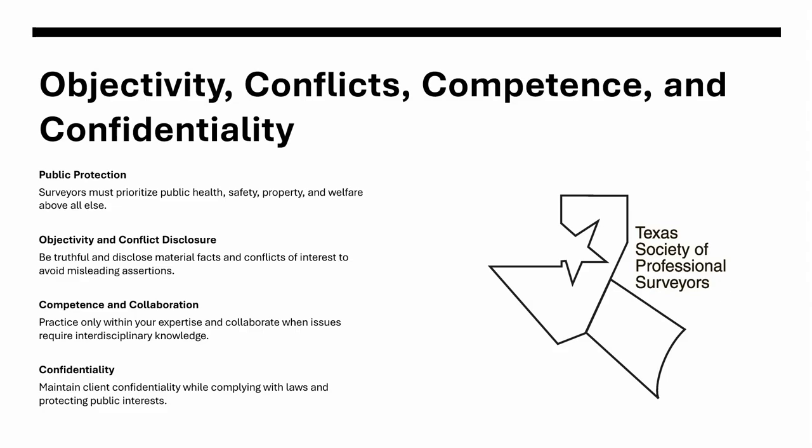And then we have competence. Only practice in areas where you're competent and current. Escalate when a matter crosses into engineering or legal advice. Collaborate and delineate roles on the sheet. You'll notice, if any of you ever get to pursue your licensed state land surveyor exam, that you're going to be required to have experience in different regions of Texas.